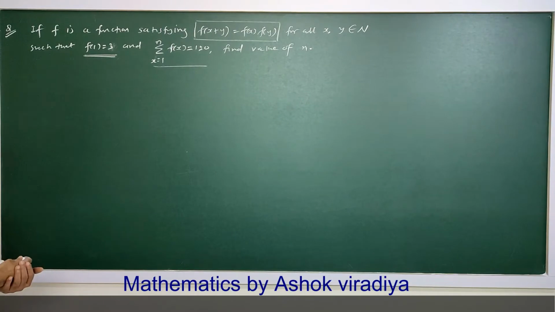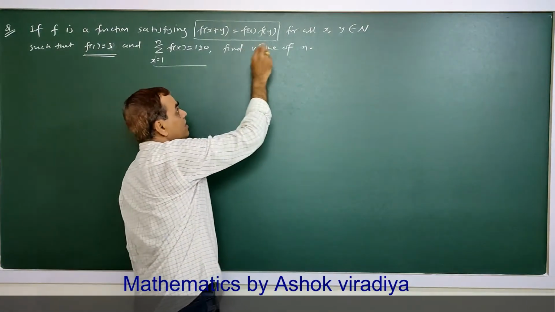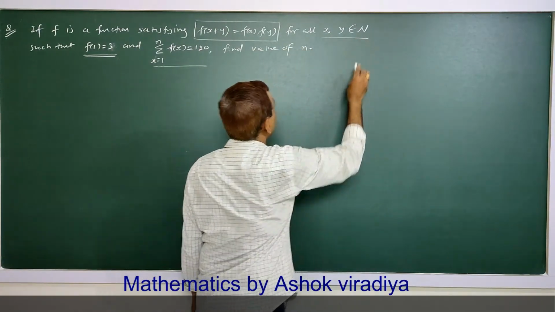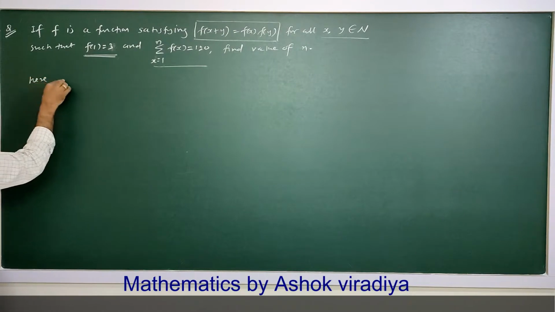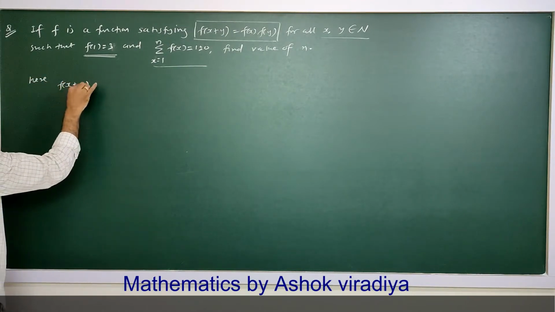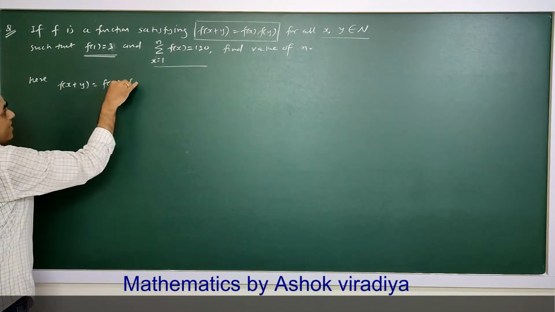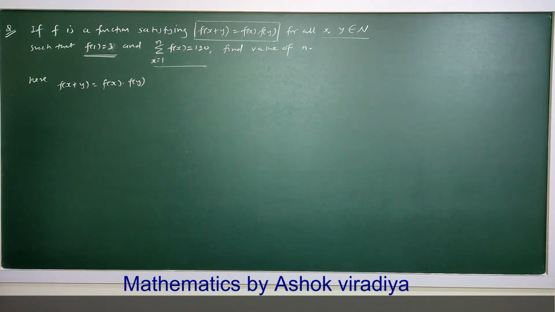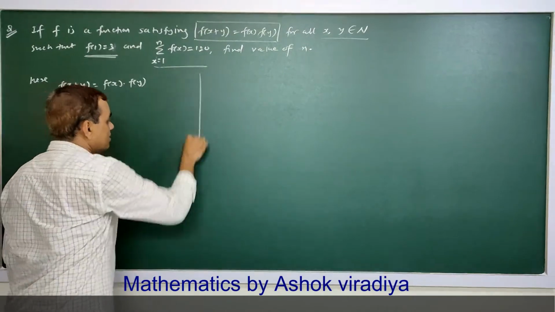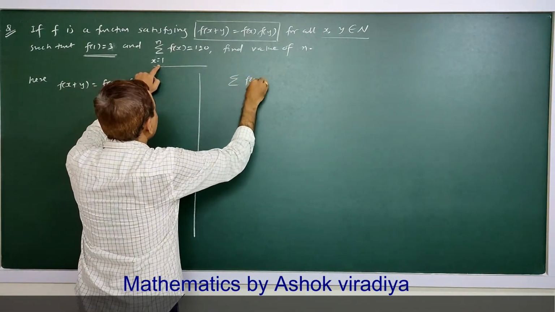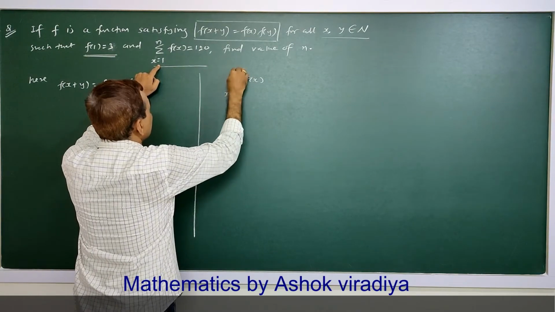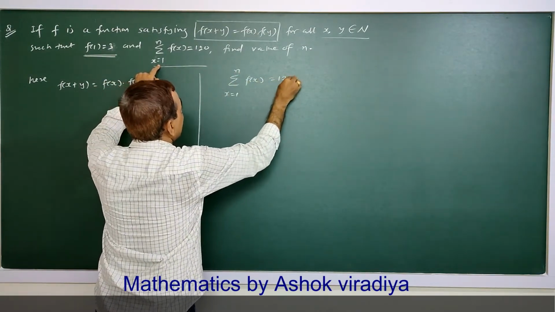Find value of n. So here this condition is for all x, y belonging to n. Here given that f of x plus y is fx into fy, and we are also given that sigma fx, x equal to 1 to n, is 120.